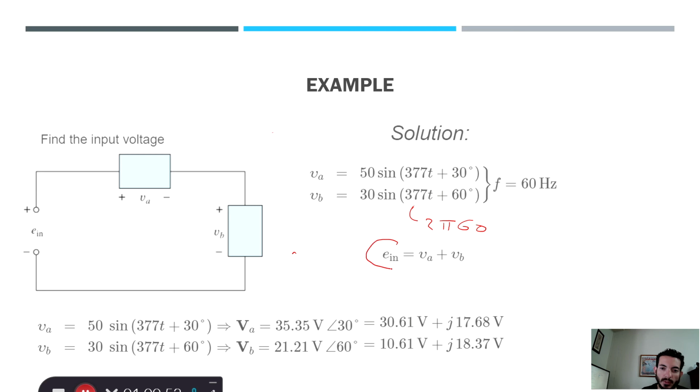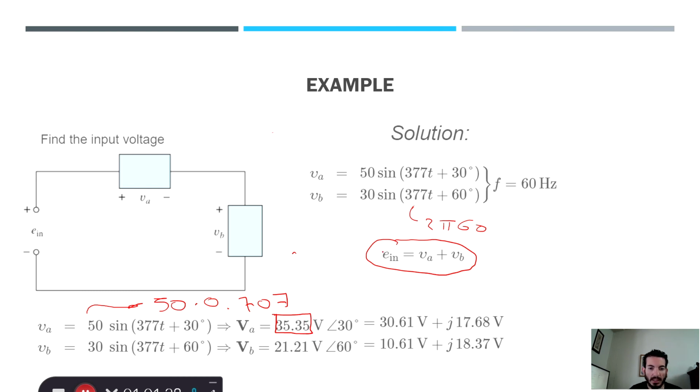To find the total voltage, because we're talking about a circuit in series, we simply have to add them, and we know how to add them by now. If you take the time domain wave into a phasor domain wave, you simply have to take your 50 and multiply by 0.707, and that gives you 35.35, and the offset angle is 30.